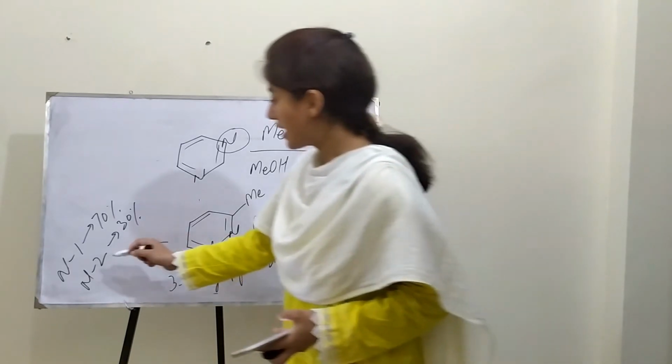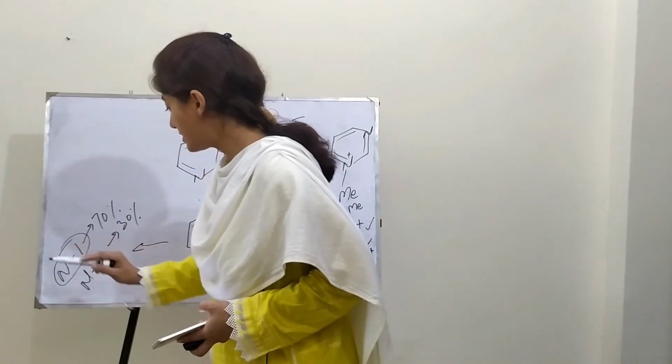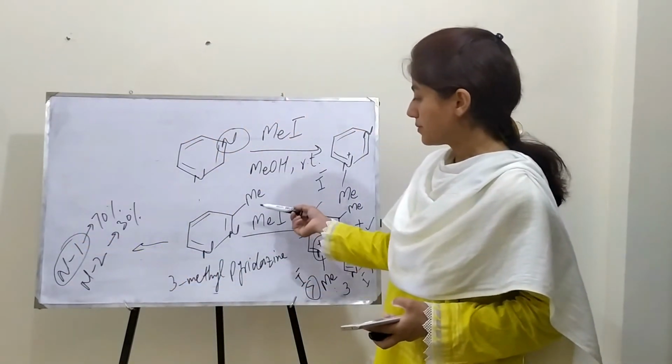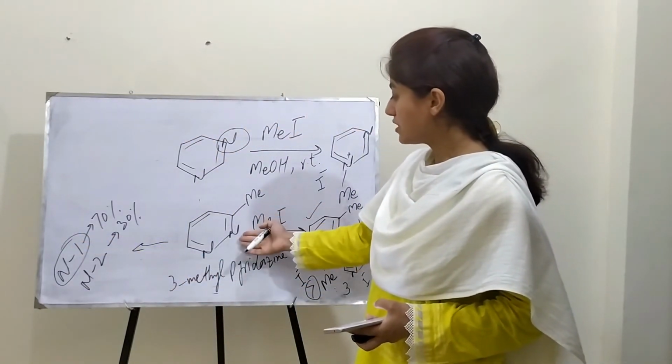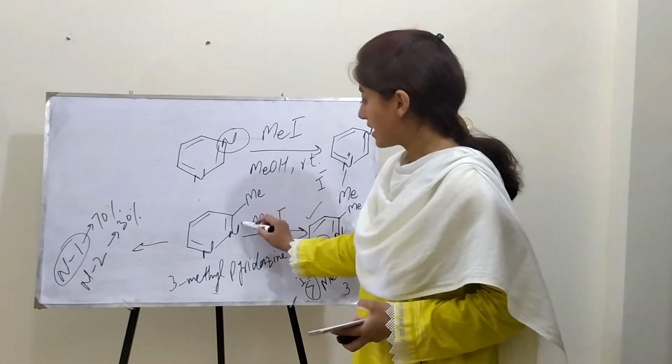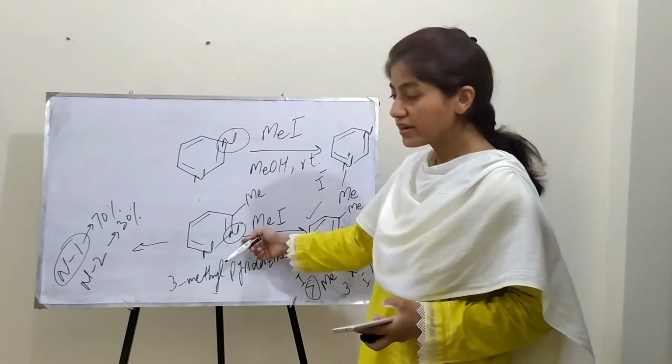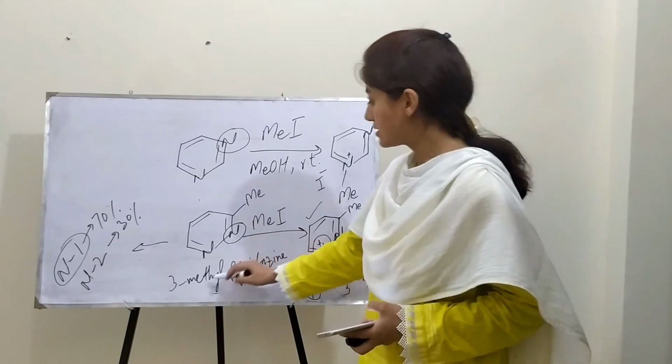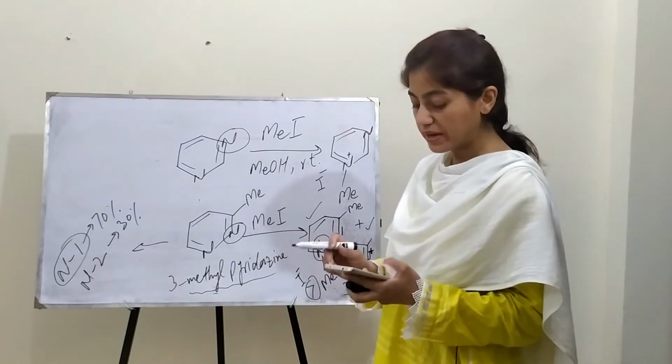So we may say that N1 gets alkylated even in the case that N2 has the higher electron density in the case of 3-methyl pyridazine.